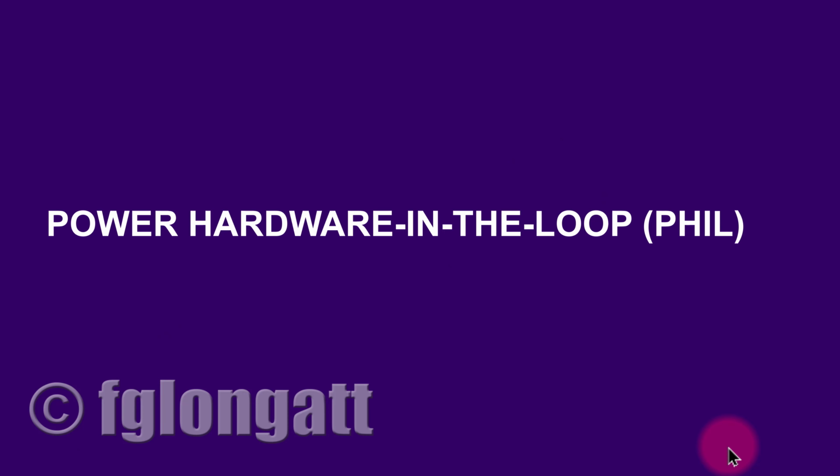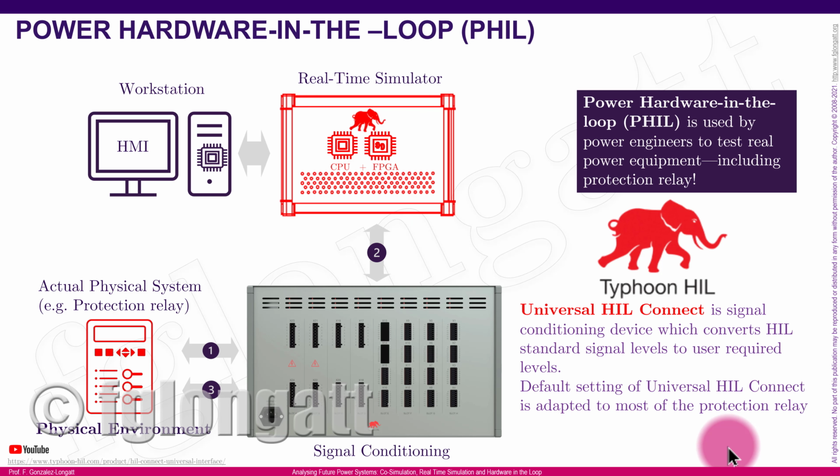Power hardware in the loop is something that we have been doing in the previous two years. As I said before, one of the main issues when you are using power hardware in the loop is that you require signal conditioning, okay? Signal conditioning is basically a power amplifier. You receive low power signals and you are able to generate high power signals, okay?